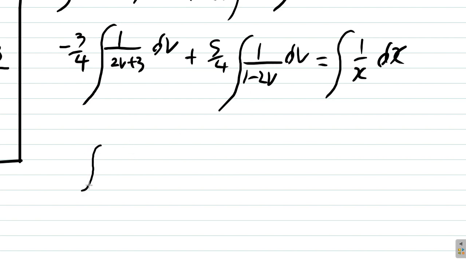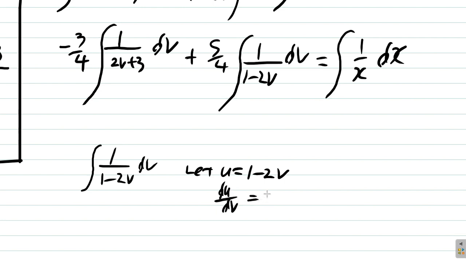If we should find the integral of 1/(1 minus 2v) dv, we can let u be equal to 1 minus 2v, then du by dv would be -2. So dv would be equal to du over -2.